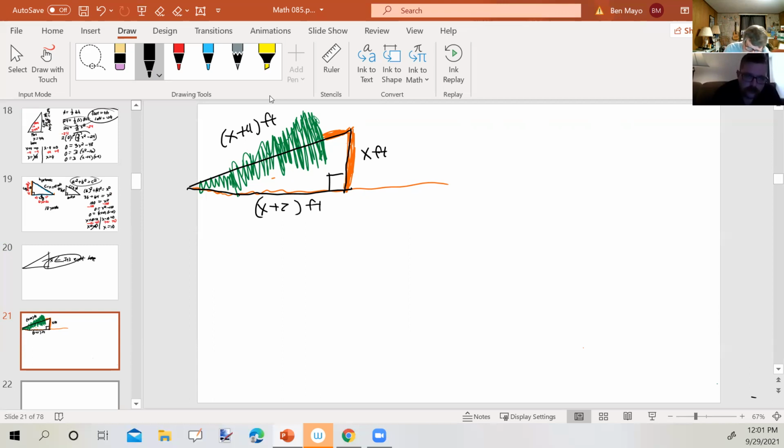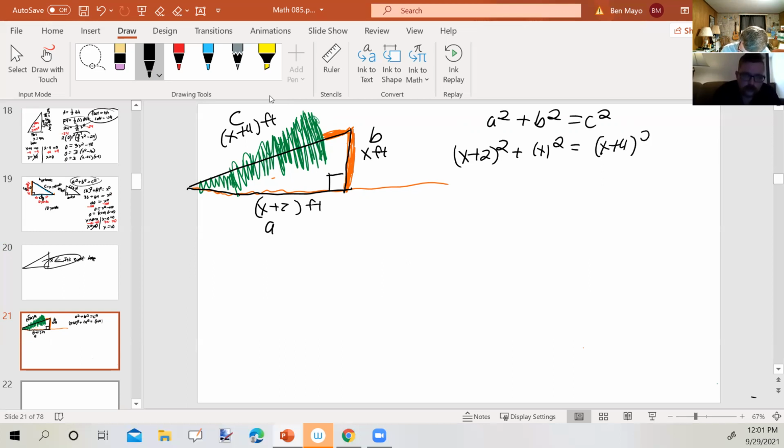The X plus 4. So that is C. These other two sides, A and B. And again, it doesn't matter which one's A or which one's B. It doesn't affect the formula. Using the fact that A squared plus B squared equals C squared, we get the following. X plus 2, the quantity squared, plus X, the quantity squared, equals X plus 4, the quantity squared.